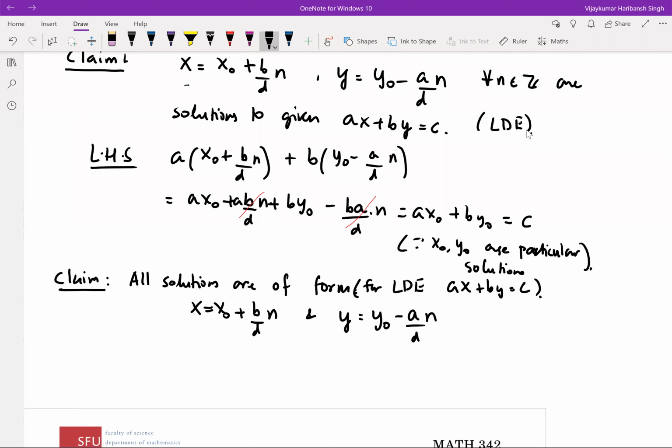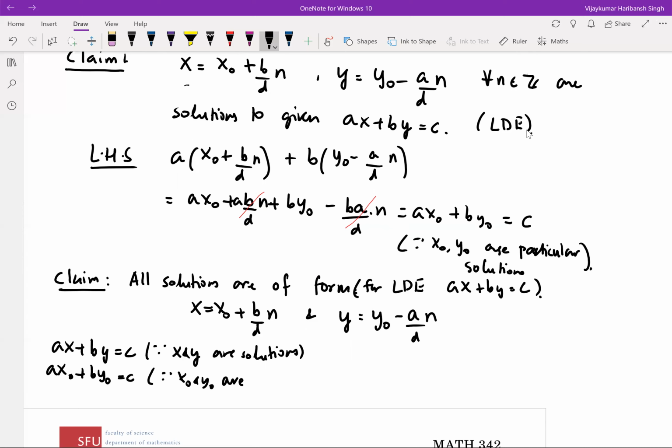We have ax plus by equals c. Since x and y are solutions, and again, when we talk about solutions, we say they are basically integers. And similarly, since x naught and y naught are a particular solution, they are still solutions, right?